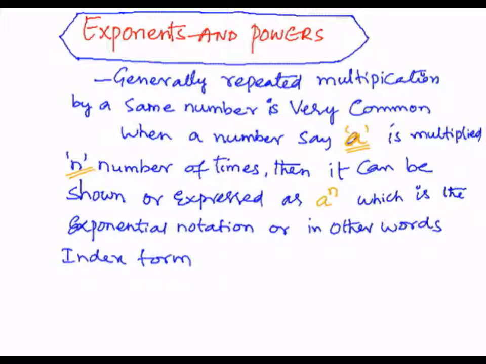In a power n, the bottom one is a, so a will be repeated n number of times. The number which is repeating, a, will be called the base. Then n, since the base is repeatedly multiplied n number of times, will be called the index or the exponent. So this form, a power n, is nothing but the exponential notation, or in other words called the index form.